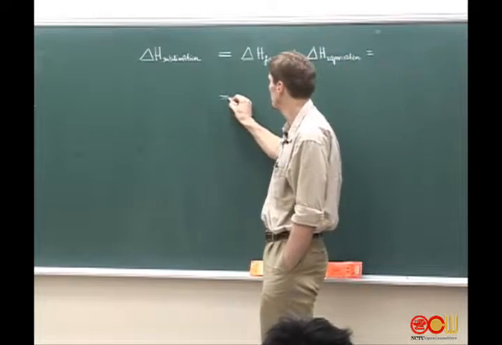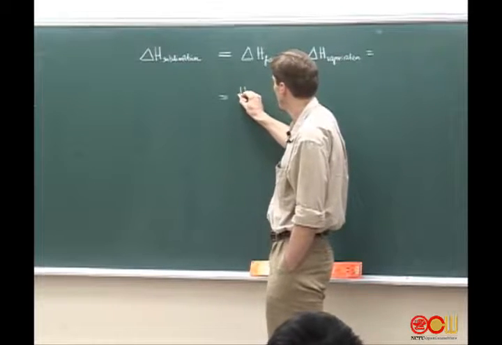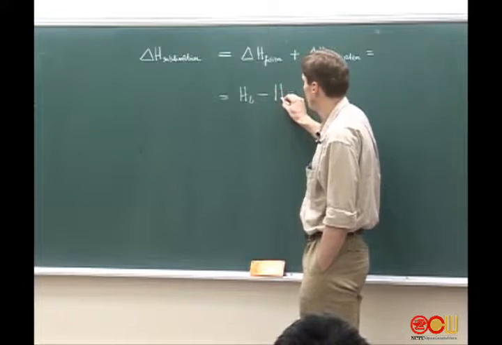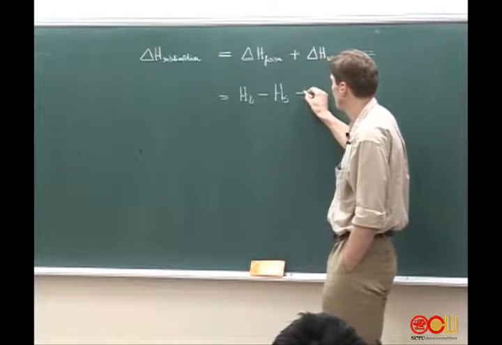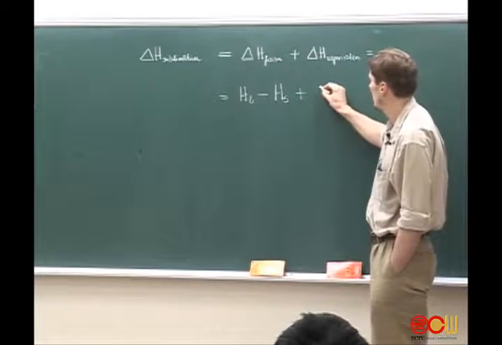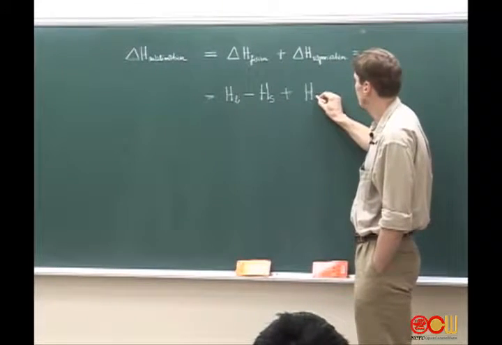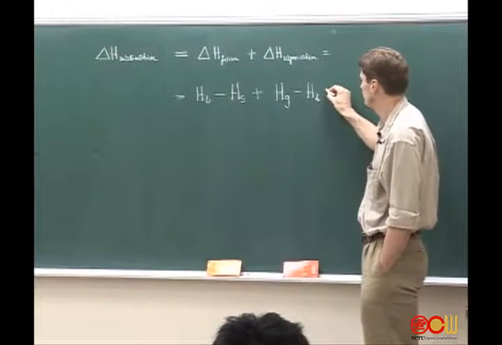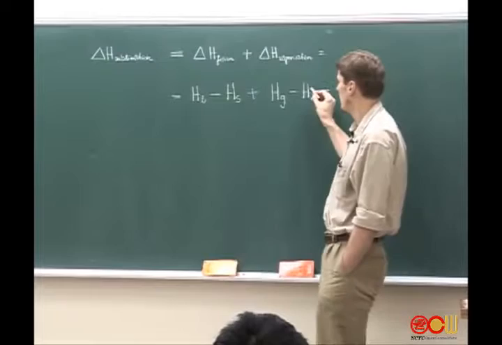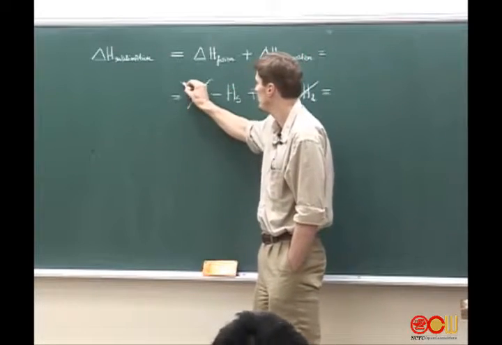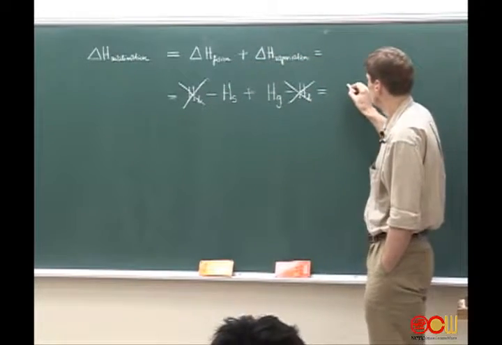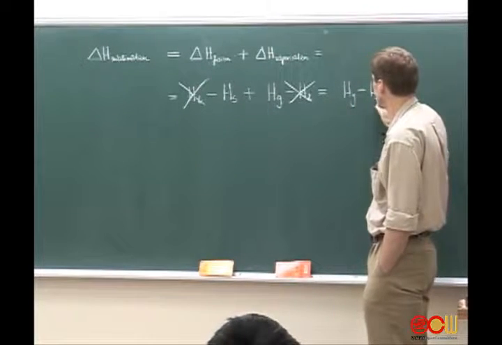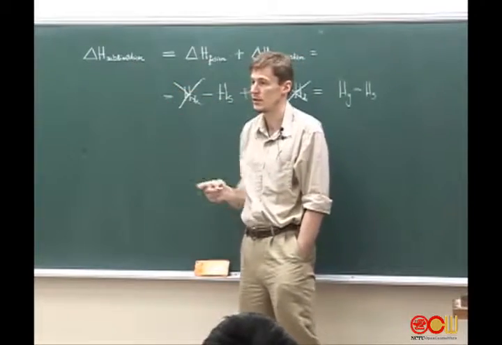It's very simple to see. This one is the enthalpy of fusion, so liquid minus the enthalpy of solid, plus this one is the enthalpy of gas minus the enthalpy of liquid. Now you see that liquid enthalpies just simplify, and you get that this is Hg minus Hs, which is of course the definition of that one.